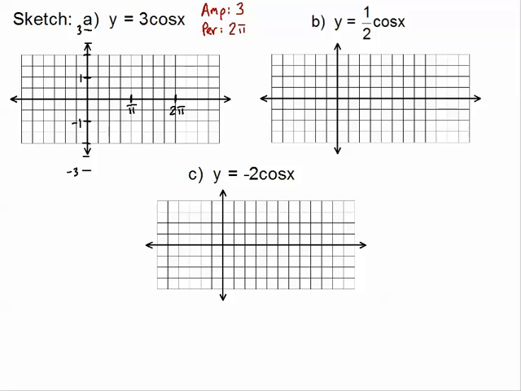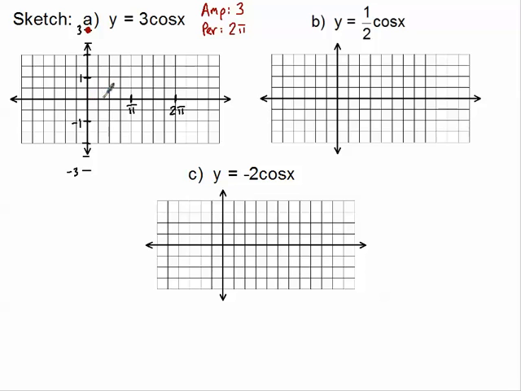Okay, now let's put in our ordered pairs. This is a cosine curve. Normally the cosine curve would be 1, 0, -1, 0, 1. In this case, we're going to be going 3 times as tall. So instead of starting at a 1, we're actually going 3 times as tall. So we're starting at a 3.